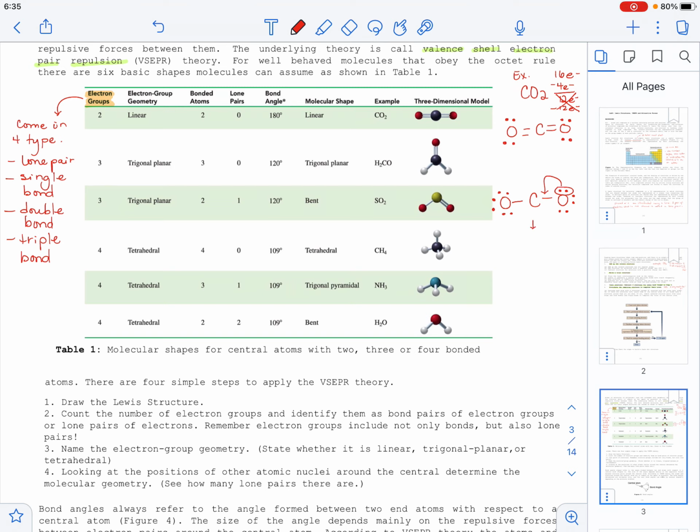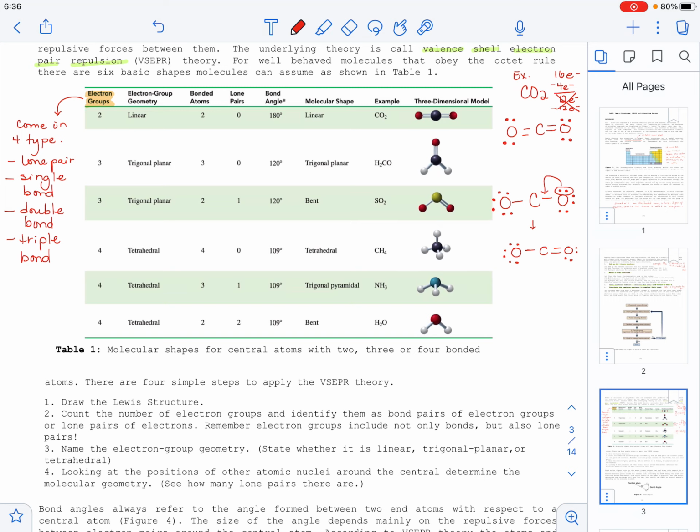So this carbon is going to have a double bond with the oxygen on the right. At this time my carbon atom is still missing electrons in order to have its octet. It only has 6.